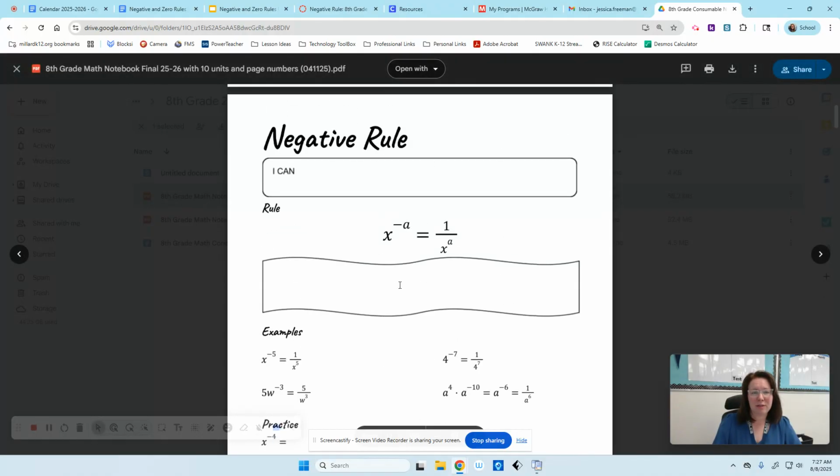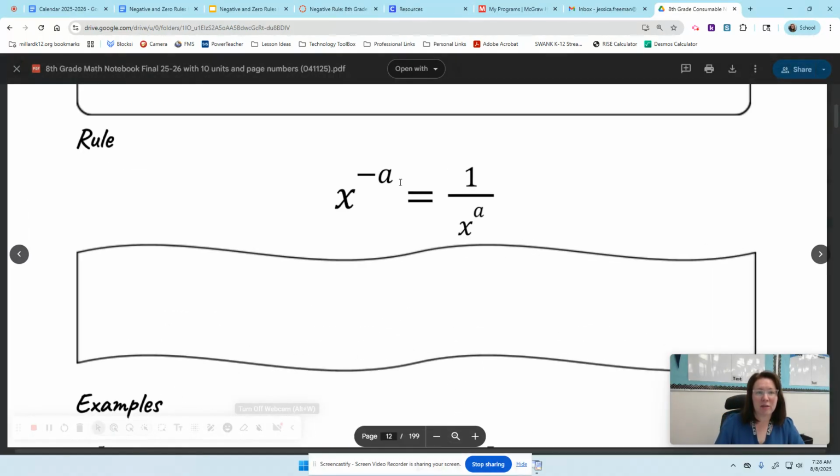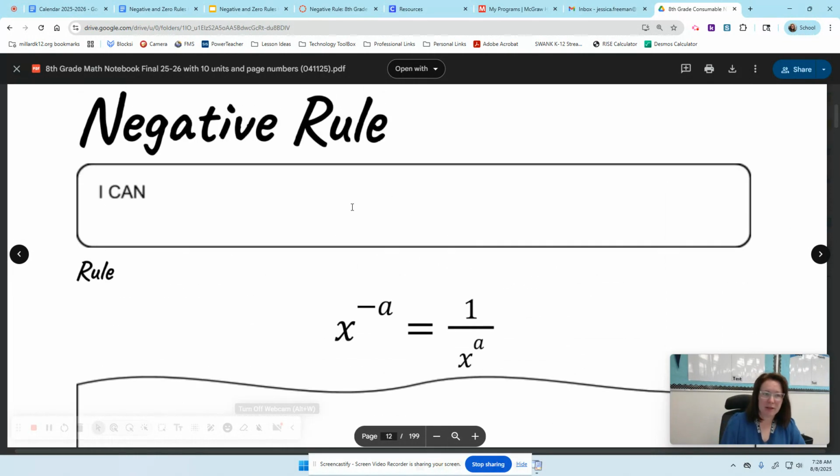Okay, so here's page 11 in our notebook. And our goal: I can simplify exponents using the negative rule of exponents. You can write that down. And then here's an example of what we learned.